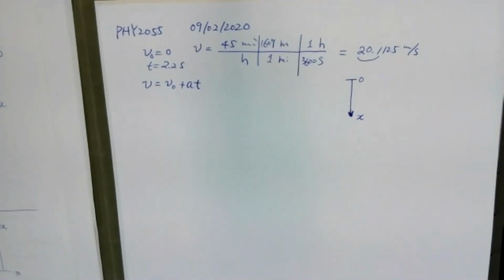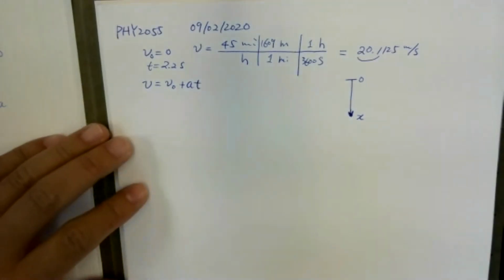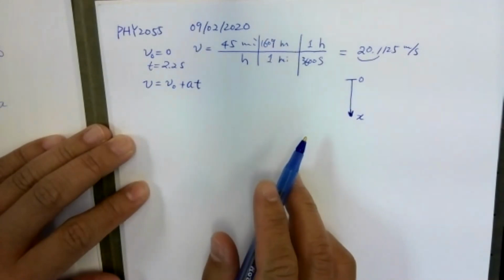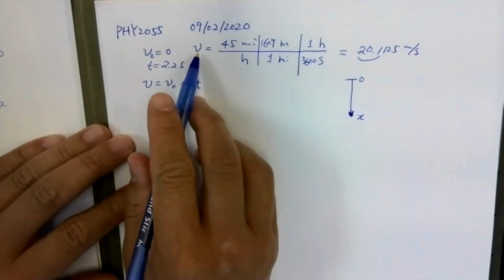So I think that's why some of you got positive for A. That means you picked downward to be positive. And some of you got negative, which simply means you picked upward to be positive. So it doesn't matter. If you pick downward as positive, then your final velocity is positive.